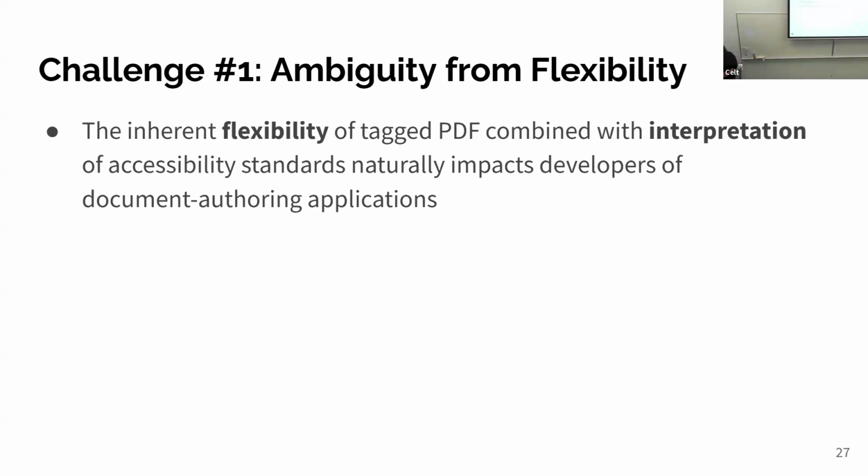The inherent flexibility of tagged PDFs, combined with how people are going to interpret accessibility standards or any other type of standards, even for creating PDFs, will naturally impact developers of document authoring applications.